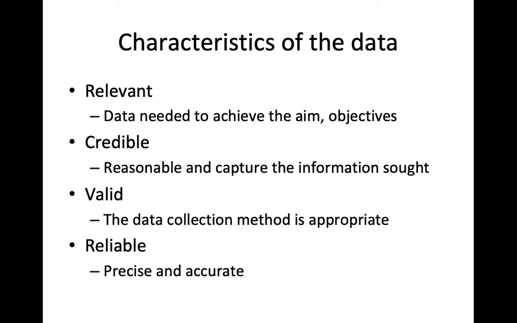The data should also be valid, or the data collection method should actually be able or capable to collect the data that you needed, and they should be reliable, which means they should be precisely measured, and accurate, which means no mistakes will happen during any transformation of the form of the data.